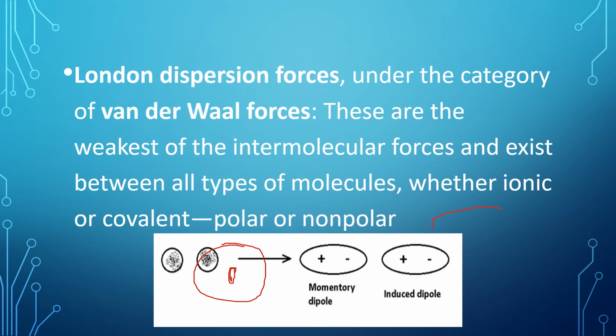So, it will be formed like this, where the electrons will repel. So, they move away, and the other side becomes momentarily charged. It will look like that. But still, they will be attracted. Only, it is the weakest because it can be easily broken. They can easily be separated because the other electrons will be repelled.